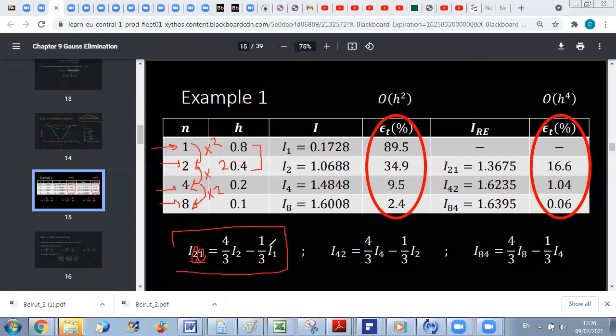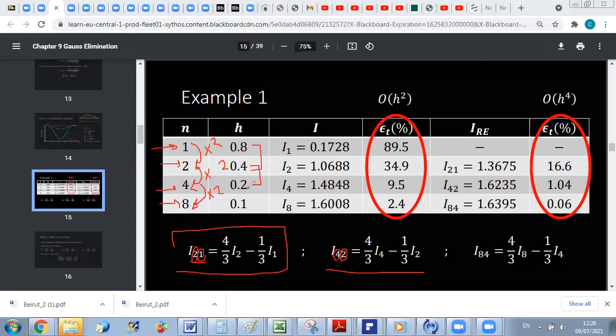We will perform the same operation between 2 and 4, because 4 is double 2. By combining these two, I can get I42. Again, the first subscript is the more accurate estimate, and the 2 is the least accurate estimate. So I42 is 4 over 3 I4 minus 1 over 3 I2.